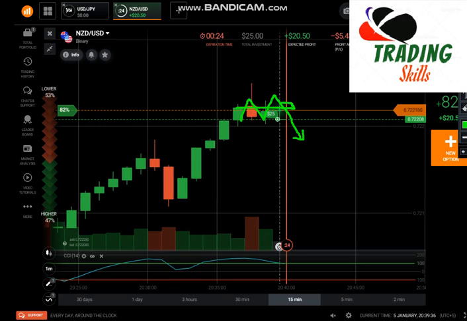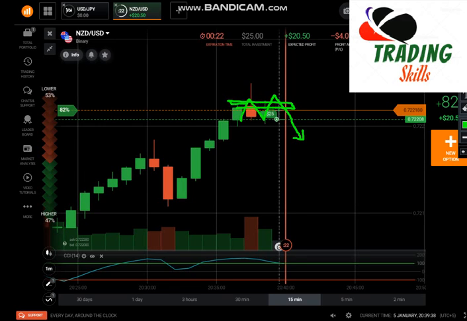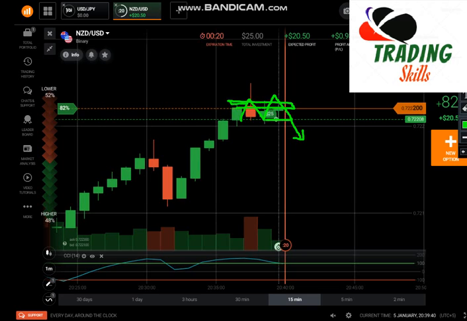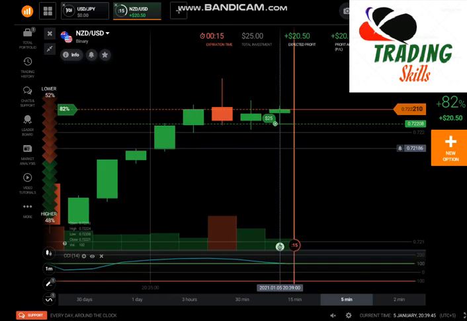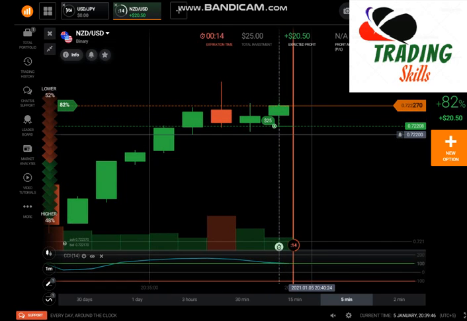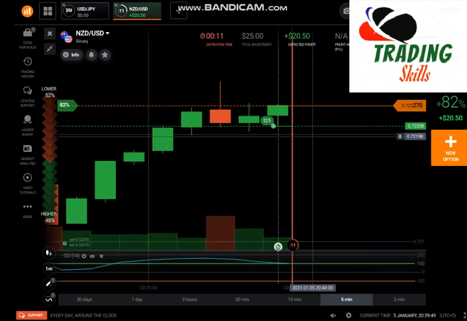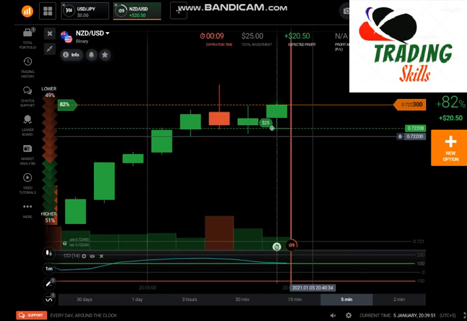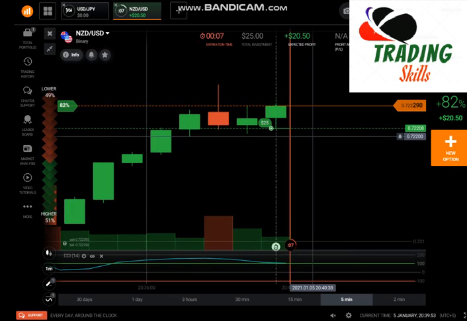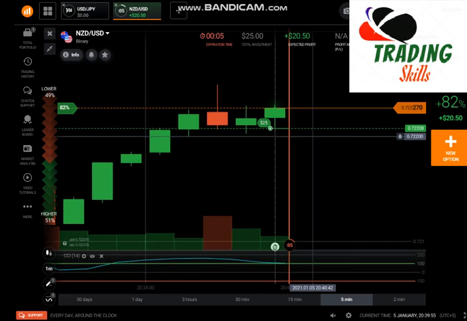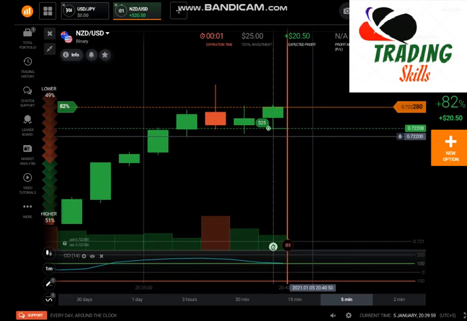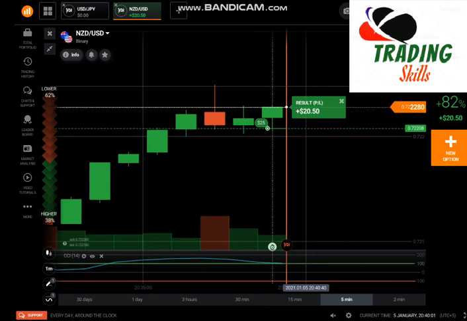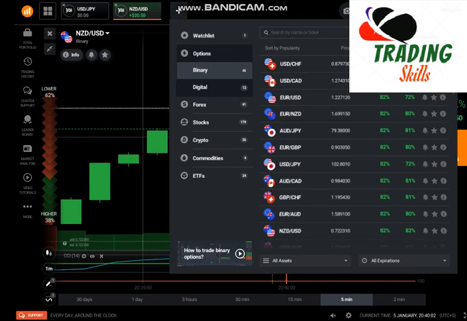So I took my trade with a margin of safety and I will win this trade for sure. So this is my third trade, and now I can expect a winning trade. Okay, now you can see I won my trade here.